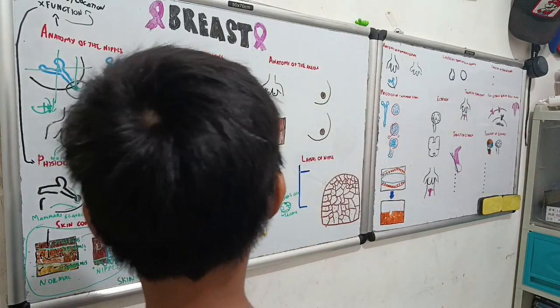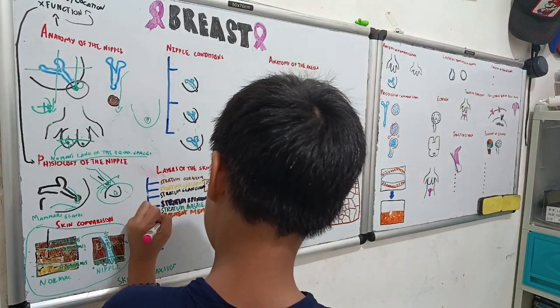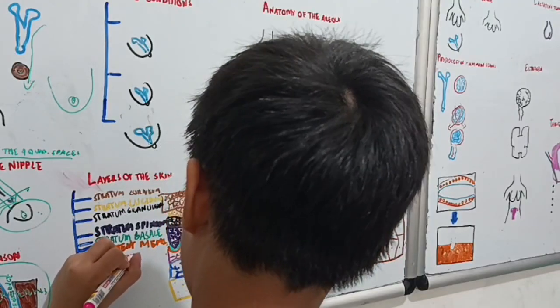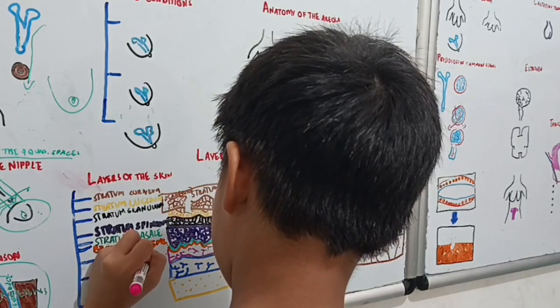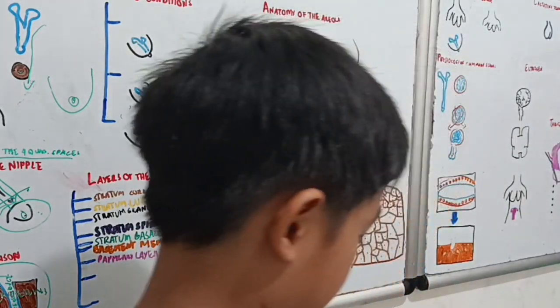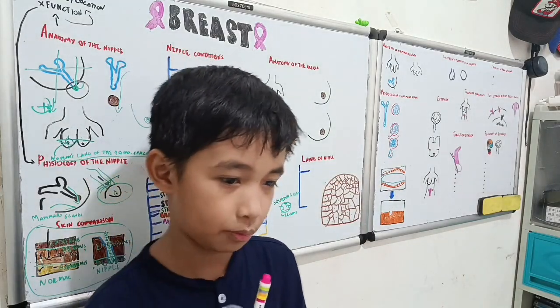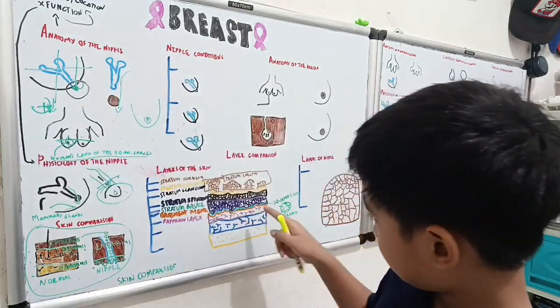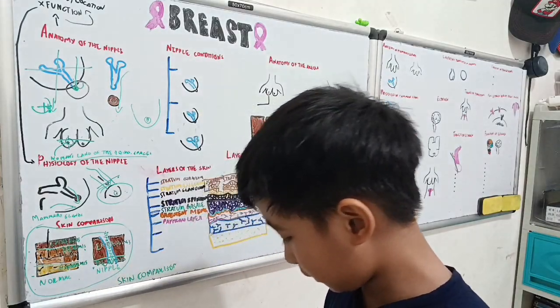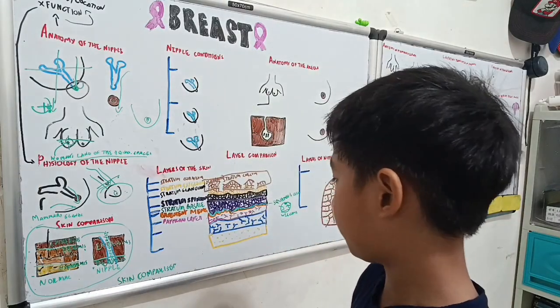That's the papillary layer. That's just the layer that goes up and loops around the epidermis.